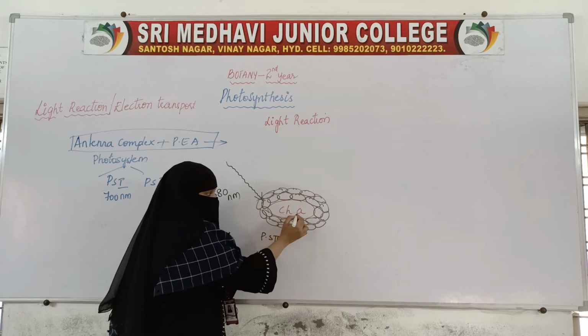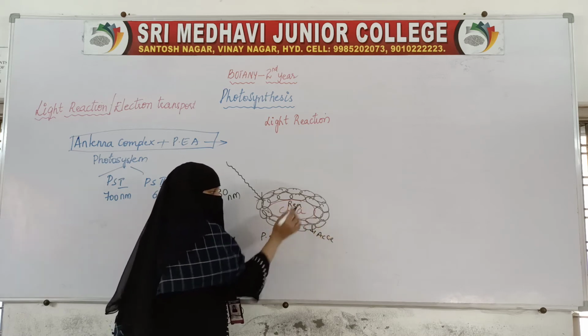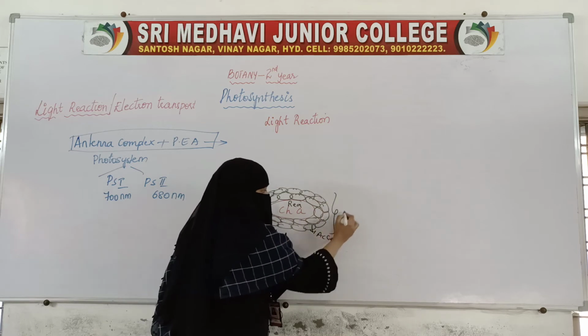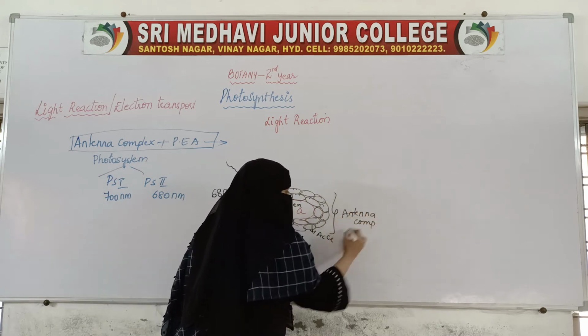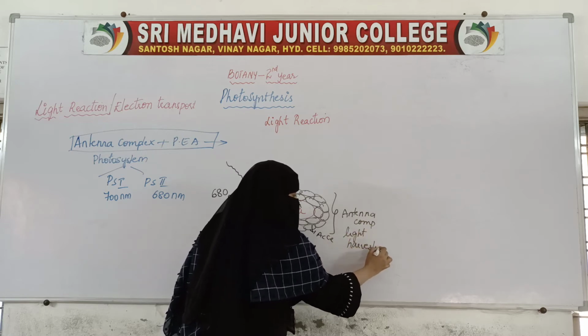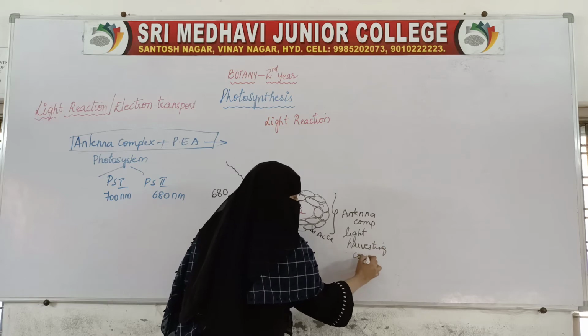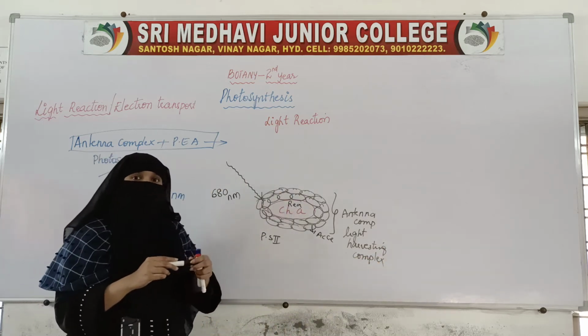this reaction center and these accessory pigments together make the antenna complex, or light harvesting complex. That is, they absorb the energy from the sunlight.